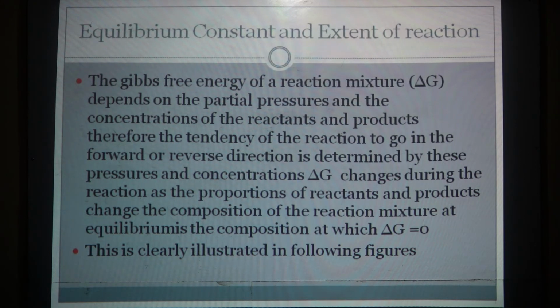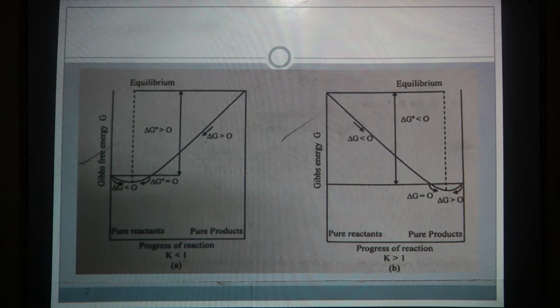Delta G changes during the reaction as the proportions of reactants and products change. The composition of the reaction mixture at equilibrium is the composition at which delta G is equal to 0. This is clearly illustrated in the following diagrams.